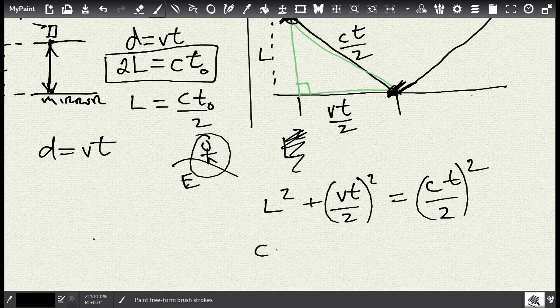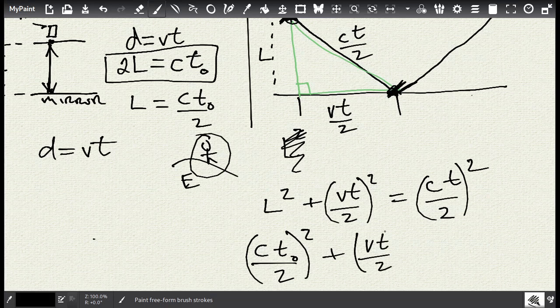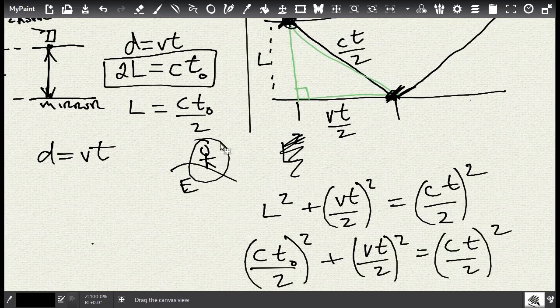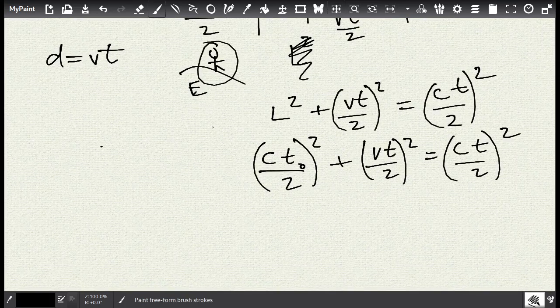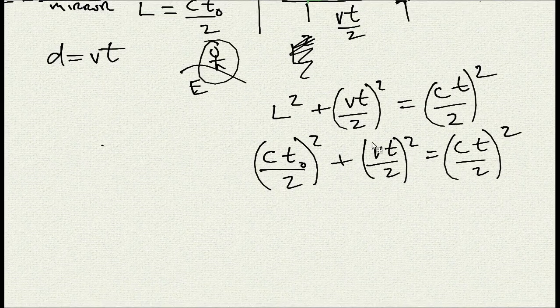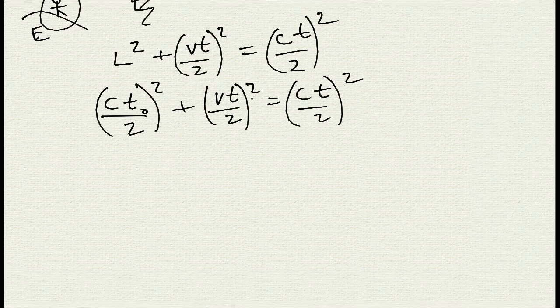So now I'm going to say c times t naught divided by 2, and then I'm going to square that. And now I'll just write the rest of the equation. And now I'm going to do a little bit of algebra to make life a little easier for myself. Let's see what we get.